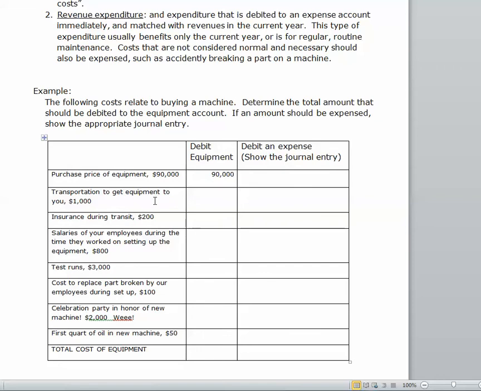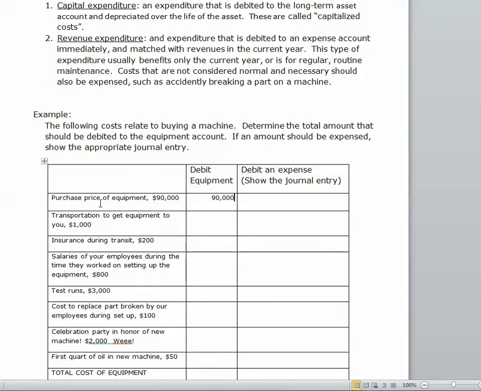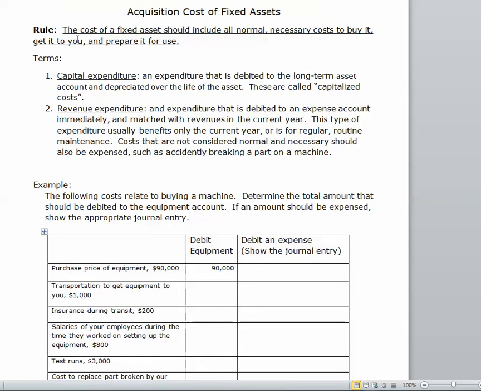How about the transportation to get it to us? Should we debit a transportation expense account, something like that? Well, how about we go back up to our rule? What did it say again? The cost of the asset should include all normal, necessary costs to buy it, get it to you, and prepare it for use.